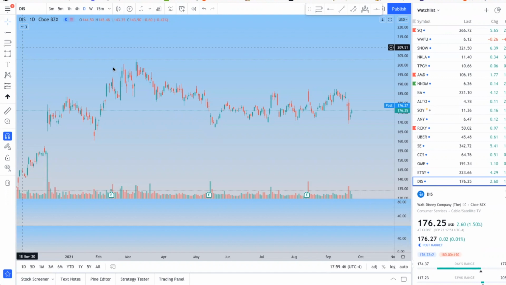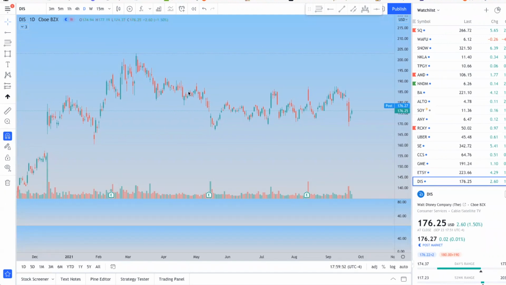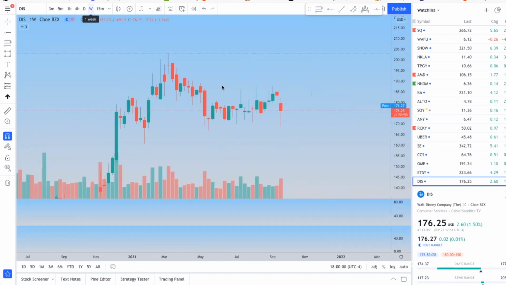use TradingView. No, I'm kidding. But I'm not. Use TradingView. TradingView is amazing. What I do when I start to chart a ticker is I start on the weekly view.